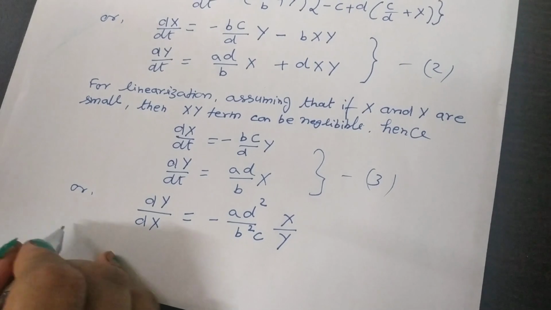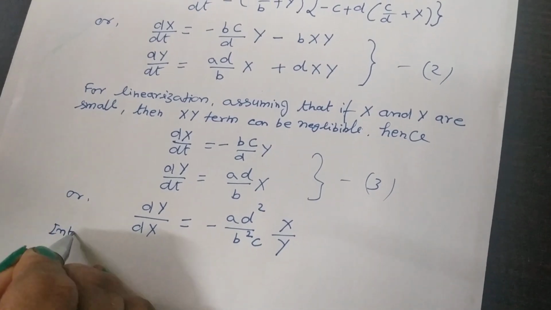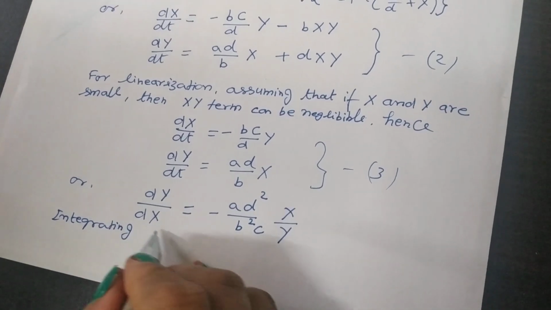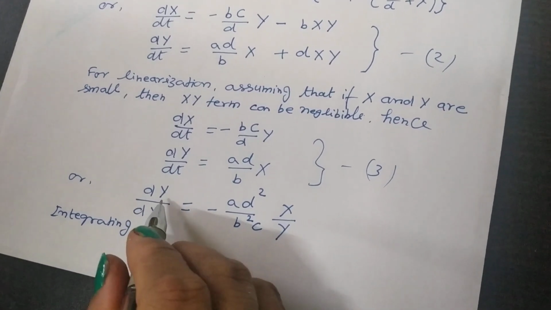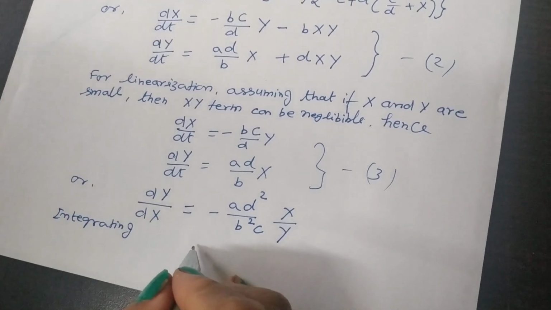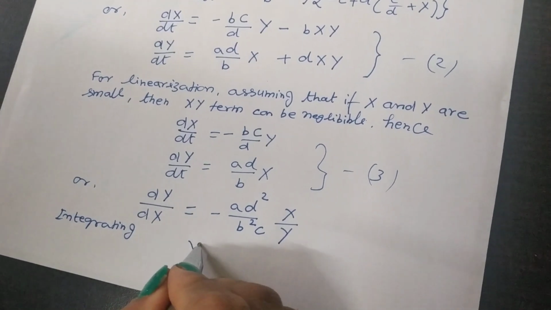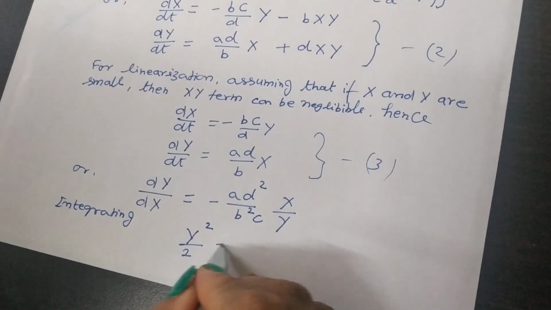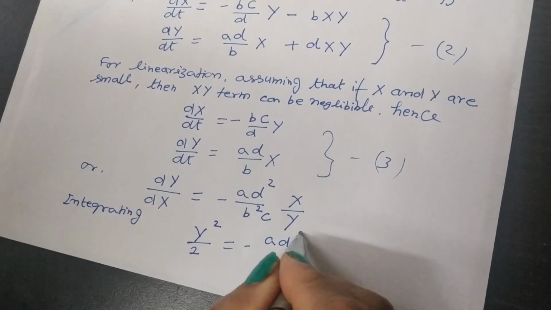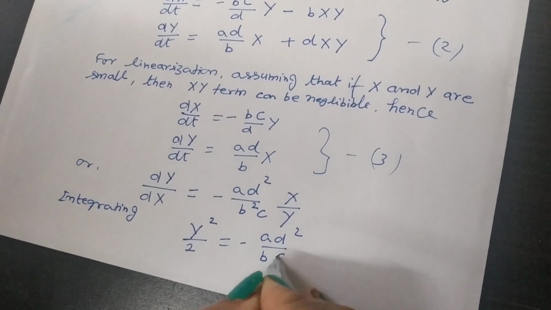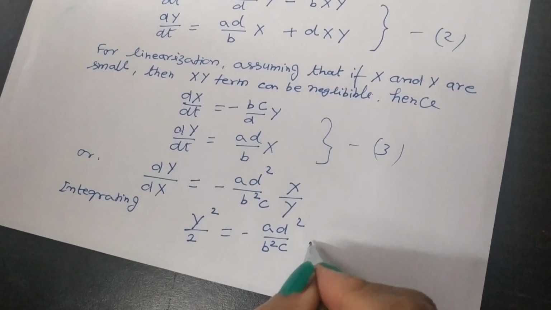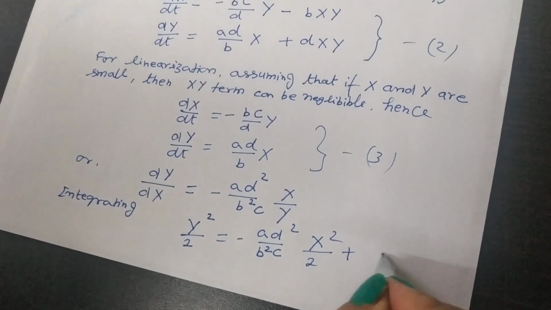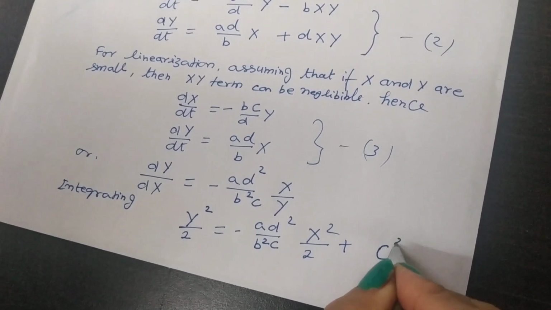Integrating this equation we get y square by 2 is equal to minus a d square by b square c times x square by 2 plus any constant, let this constant be c square.